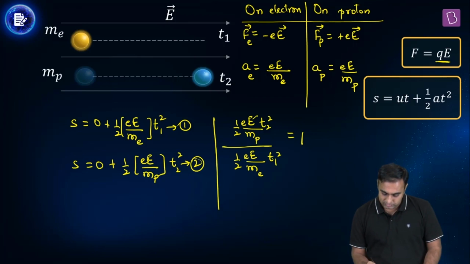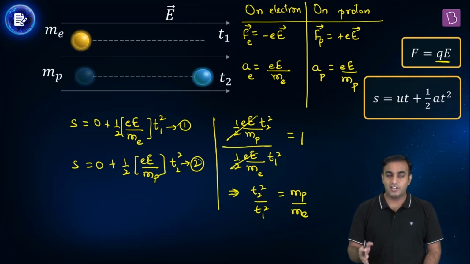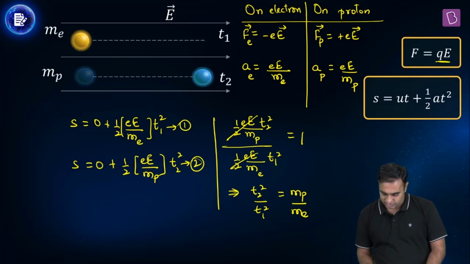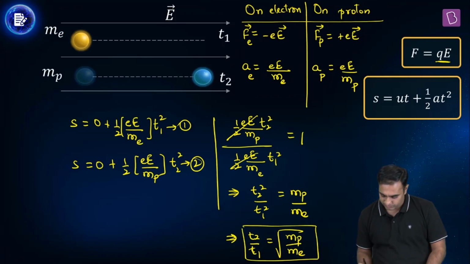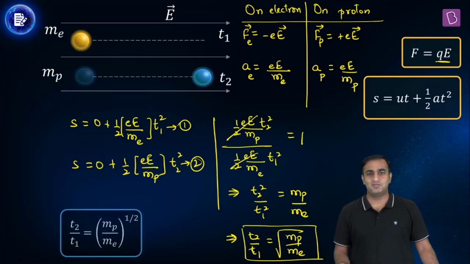So, after cancelling these things, we get T2 square by T1 square to be MP by ME. We need T2 by T1. So, take the square root on both sides. You get T2 by T1 to be square root of MP by ME. This is the answer you need.